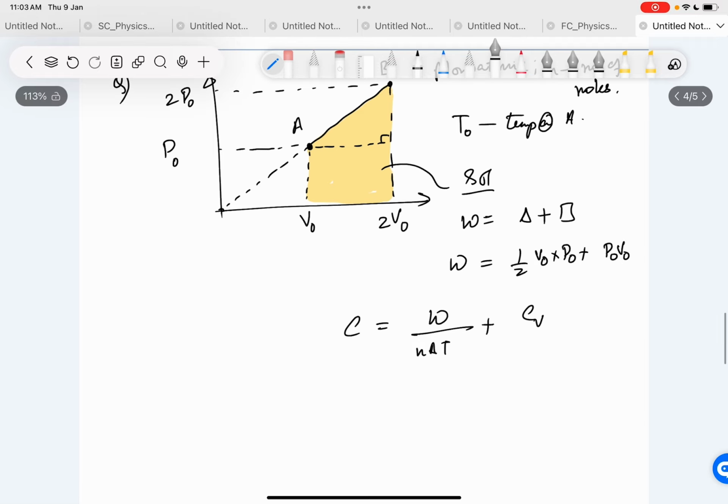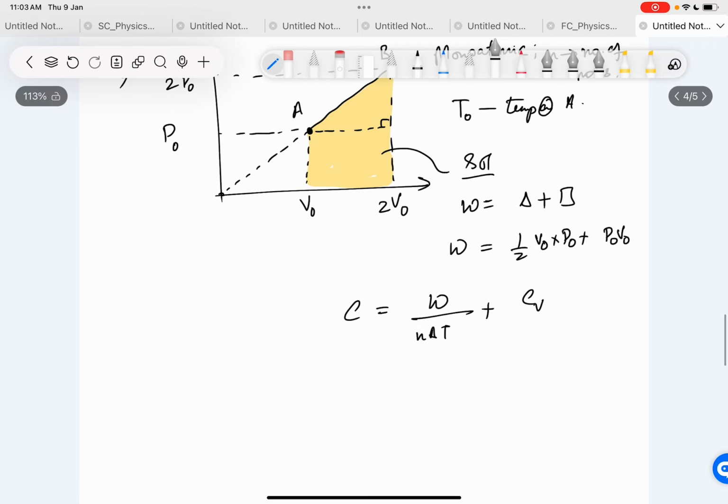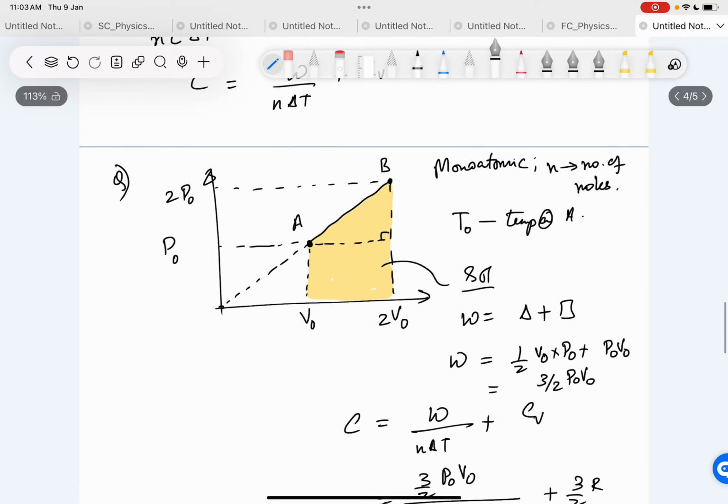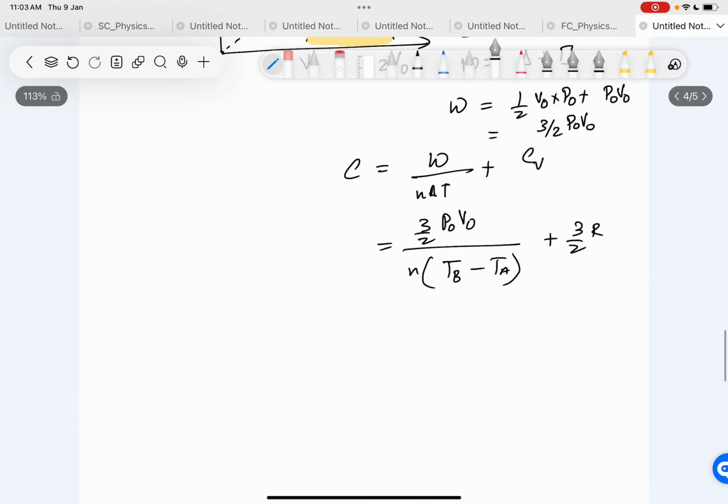For monoatomic we know F by 2 R, 3 by 2 R. And over here we'll substitute the value of W, which is 3 by 2 P0 V0, divided by n delta T. Delta T is the temperature at B minus the temperature at A. The temperature at A is already known to us, it is T0.